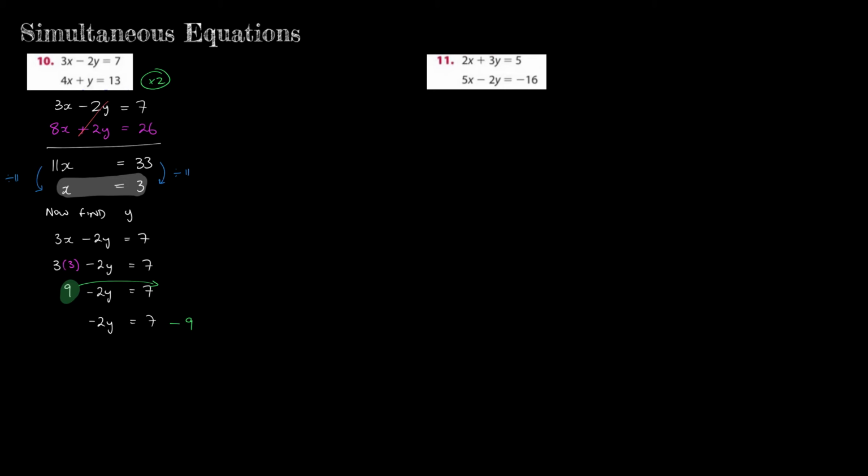That leaves me with negative 2y equals negative 2. If I divide both sides by negative 2, I get y is equal to 1. That's by dividing the left hand side by negative 2 and dividing the right hand side by negative 2. So that would be the first question done.